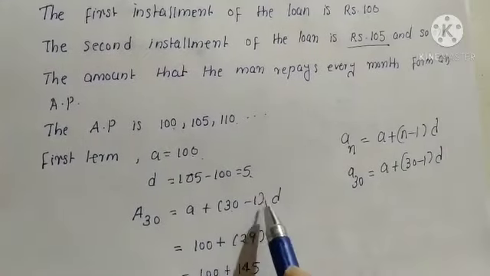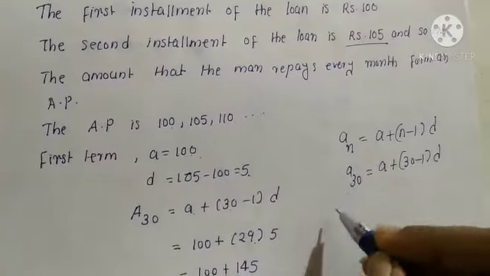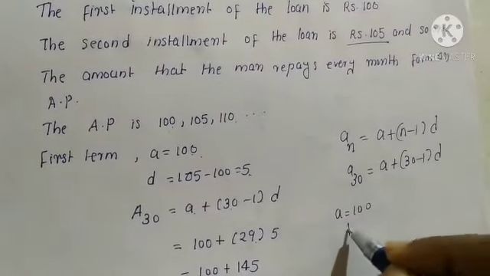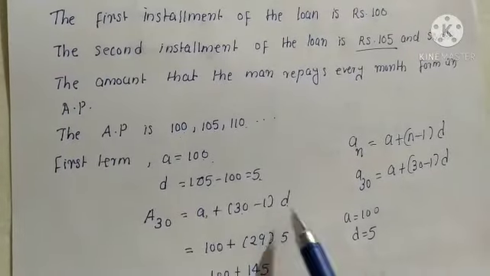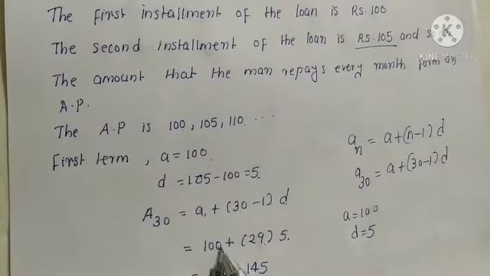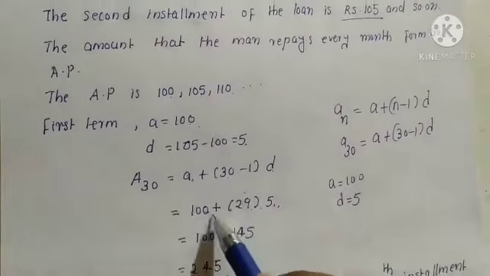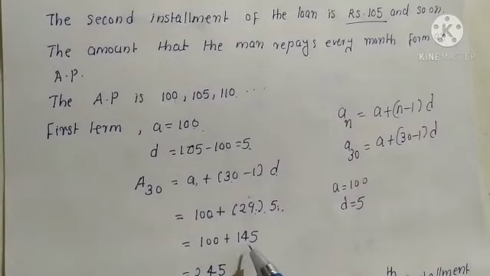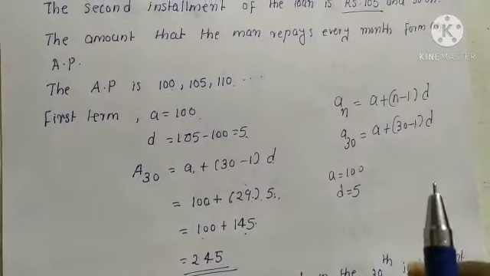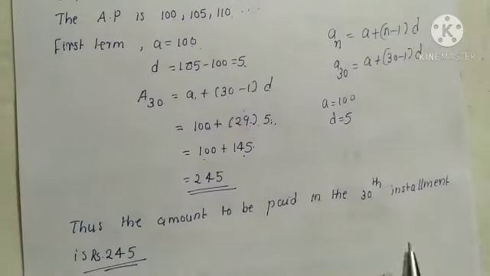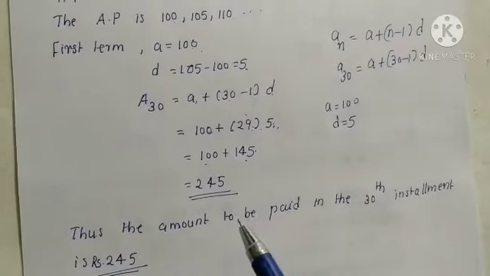Replacing the value of a as 100 and d as 5, 100 plus 12 into 5 gives the value of a13. 12 into 5 is 60, so adding these two numbers we get 160. So the amount to be paid in the 13th installment is rupees 160.